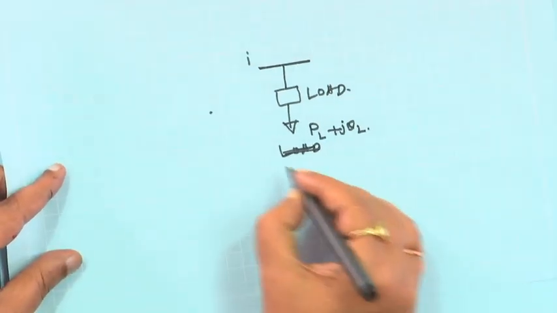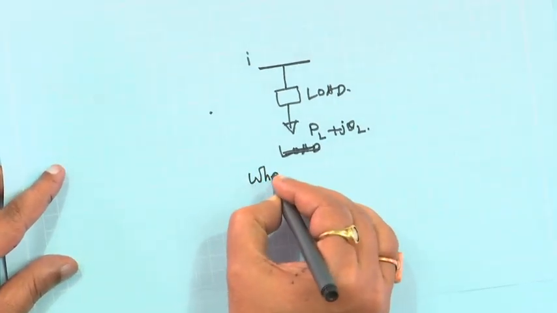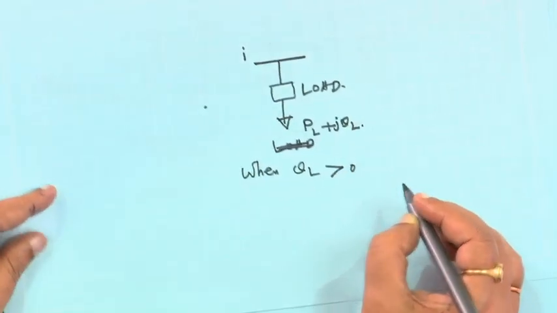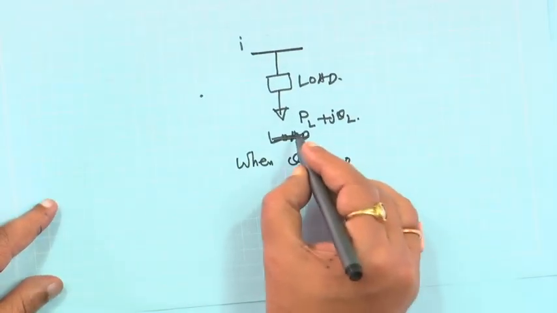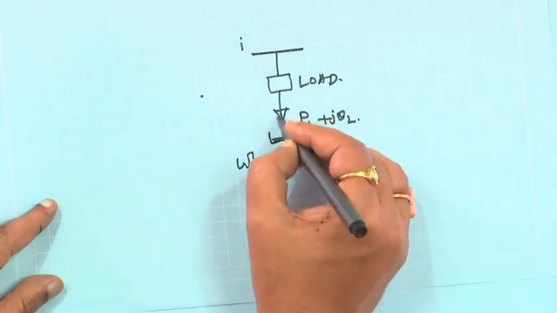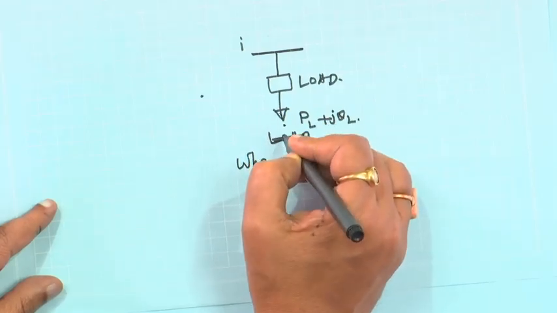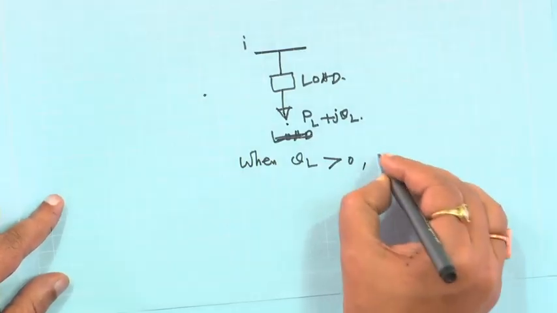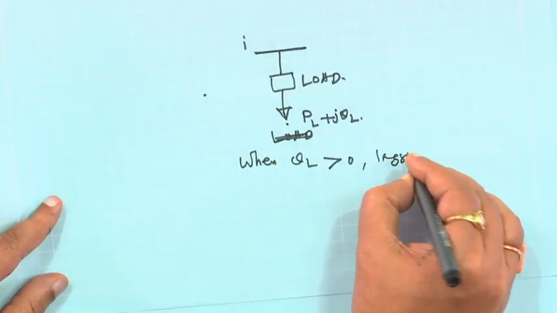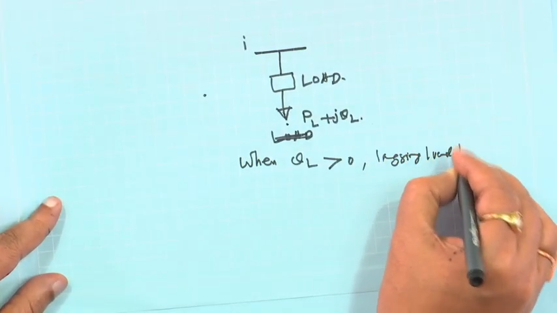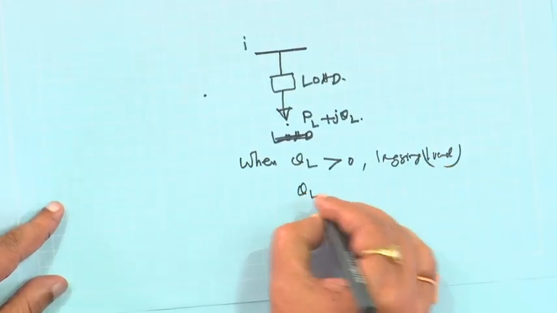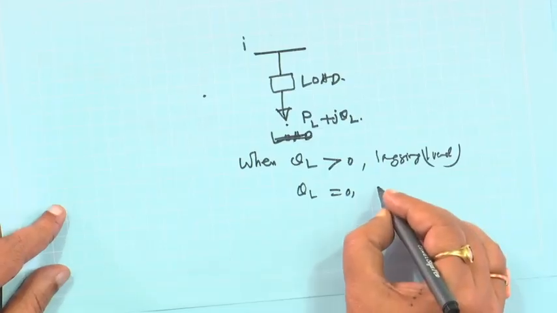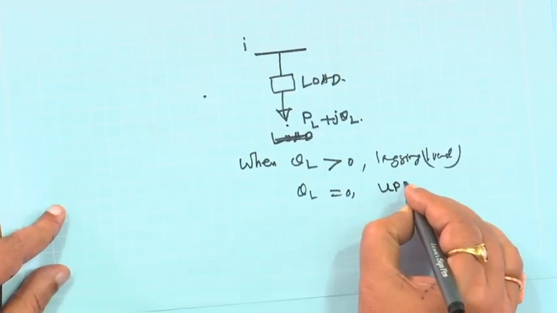When QL is greater than 0, I mean QL is positive, look, the load is absorbing power, the arrow direction is downward, meaning the load is absorbing power. So when QL is greater than 0, it is a lagging load, right. When QL is equal to 0, it is a real load, a unity power factor load, in short a UPF load.